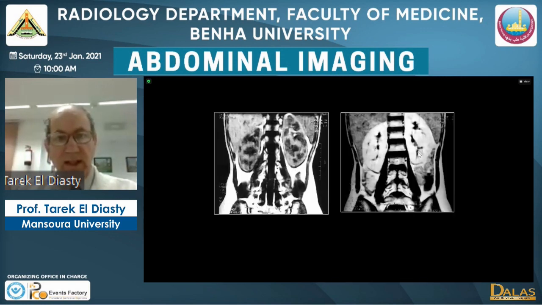And also in MR, it shows the same signal intensity in pre and post MR sequences. So it's the same as the renal cortex and the renal medulla. So it is a pseudotumor. It is called the hypertrophied columns of Bertin.